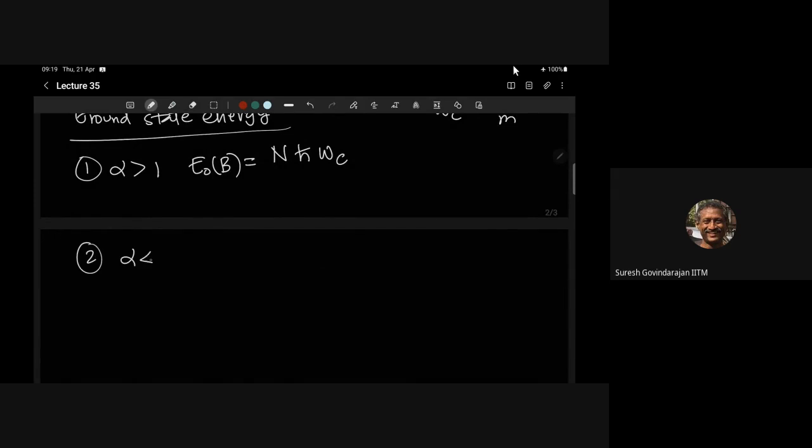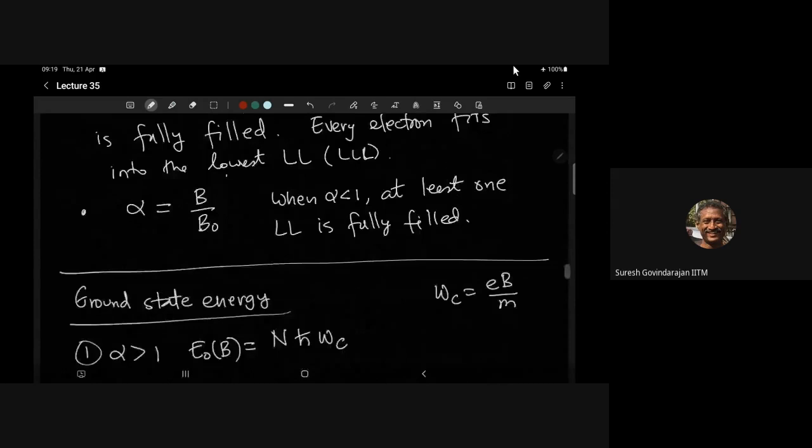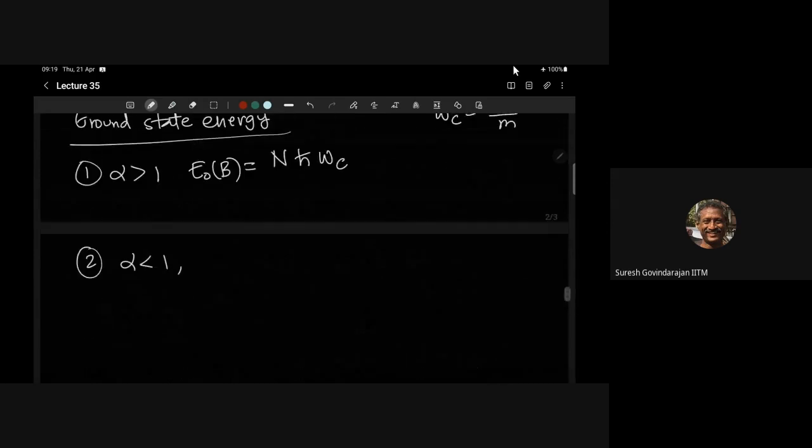The second case is alpha less than 1, further with the inequality 1 by j plus 1 greater than alpha. That implies that j plus 1 Landau levels are filled.